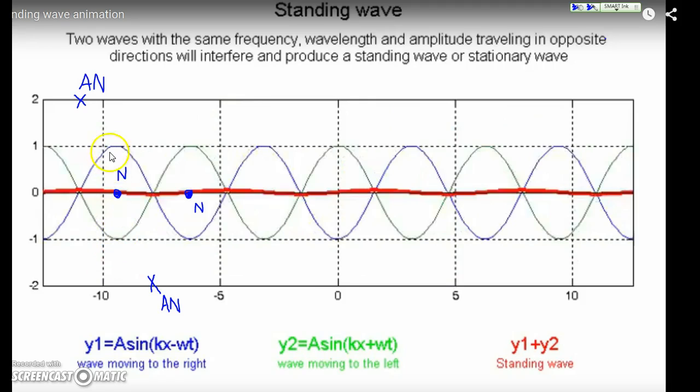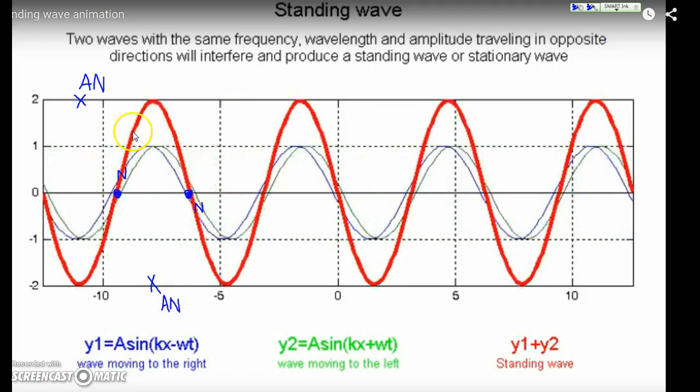That perfect destructive interference between the very top and the very bottom occurs at the node. And it occurs at this node too. And it occurs at this, which would also be a node. Right? So every time the tippy top and the tippy top overlap, that occurs at an antinode. Every time the tippy top and the very bottom overlap, that will always occur at a node.